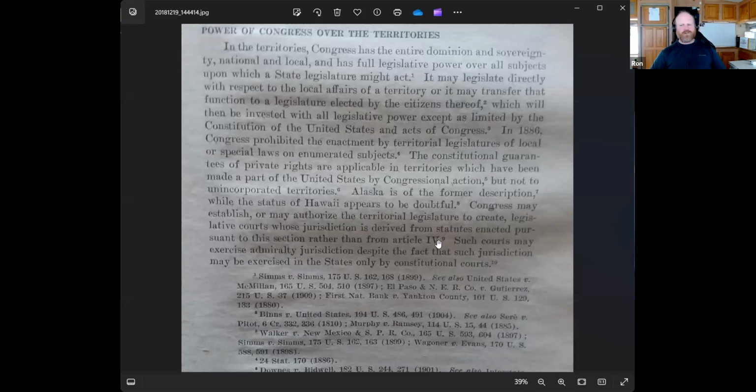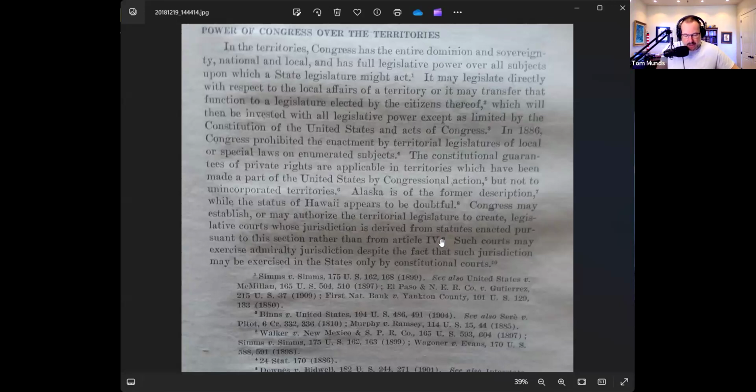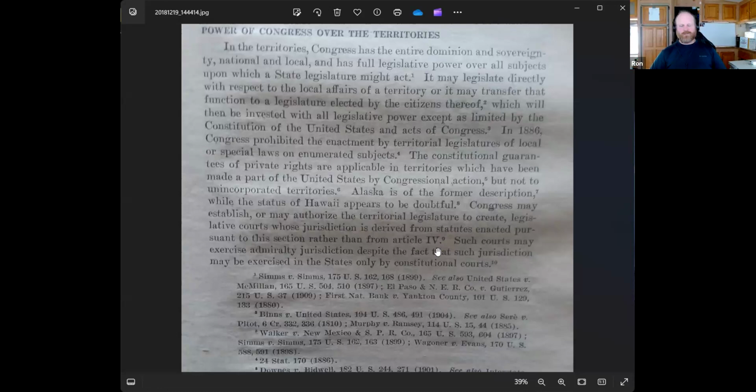Article 4 is a territorial jurisdiction. Okay. Now that we're being specific here, we should ask what Article 4 is. Is that Article 4 of our Constitution? Yeah, Article 4 of the Constitution. Okay. All right. I'm still going to have to wrap my head around that.